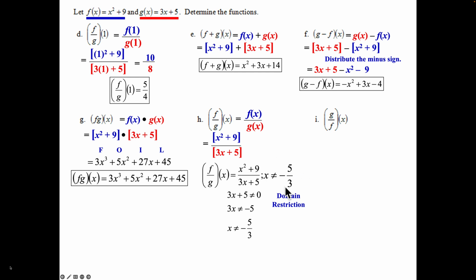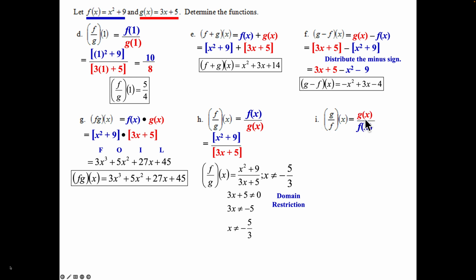Okay, so this is the implied domain, all real numbers except x can't equal negative 5/3, or you have to use your interval notation: negative infinity to negative 5/3, open interval, parentheses, union, parentheses, negative 5/3 to infinity. You answer it as two separate parts, but in reality, this is the function, and you attach the domain restriction with it.